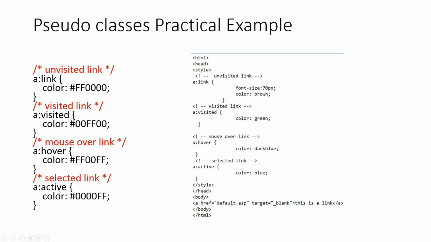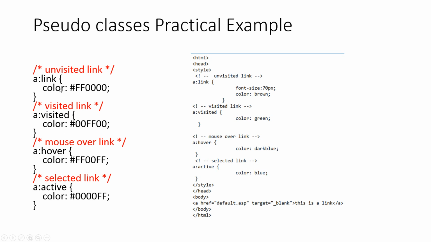Okay, so the format for writing pseudo classes is, you write the selector name, for example the a element, then you write a colon, then the name of the pseudo class. In this case the first pseudo class is link, the second is visited, the third is hover, and the fourth is active.